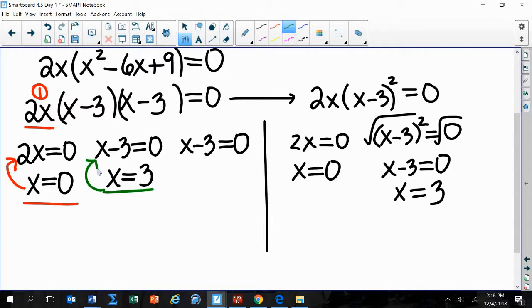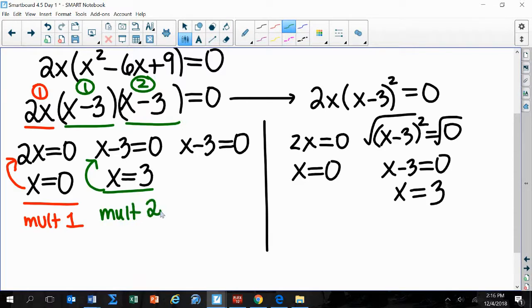How many times does the factor x minus 3 appear? Twice. Does everyone see that? So we would say that x equals 0 has a multiplicity of 1 because that factor only appeared once. X equals 3 would have a multiplicity of 2 because that factor appeared twice.